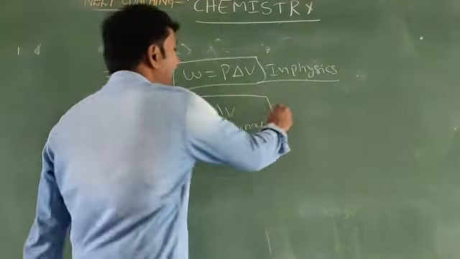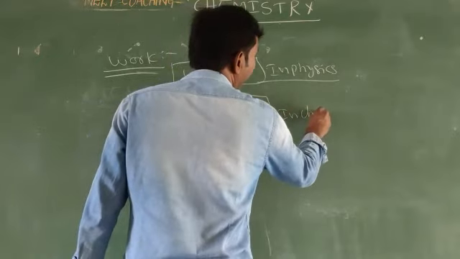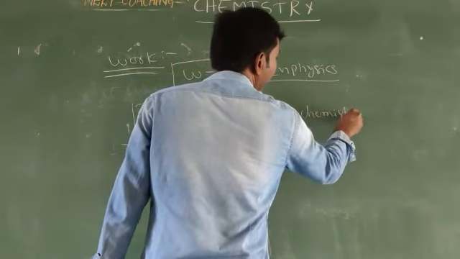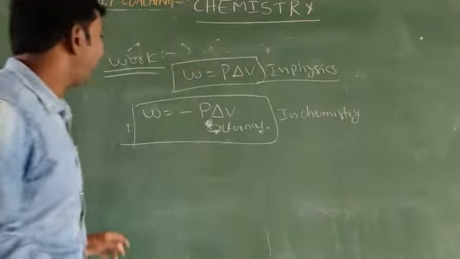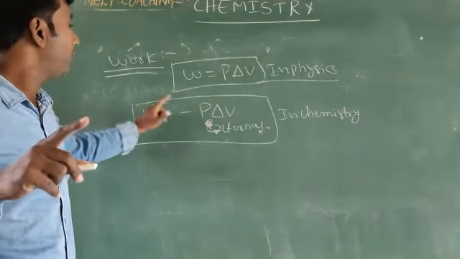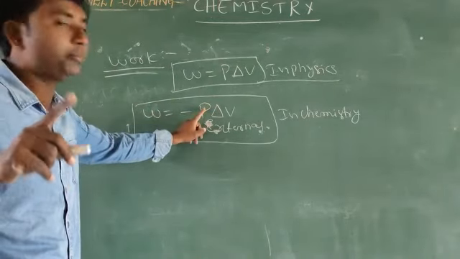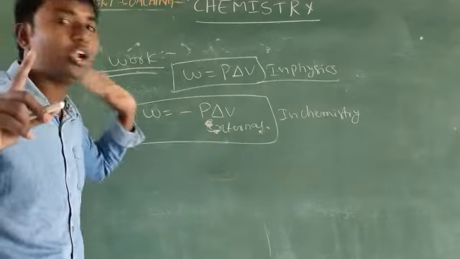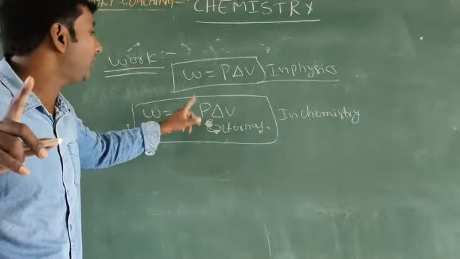So in chemistry, work equals minus P delta V. Here pressure we take as the external pressure.